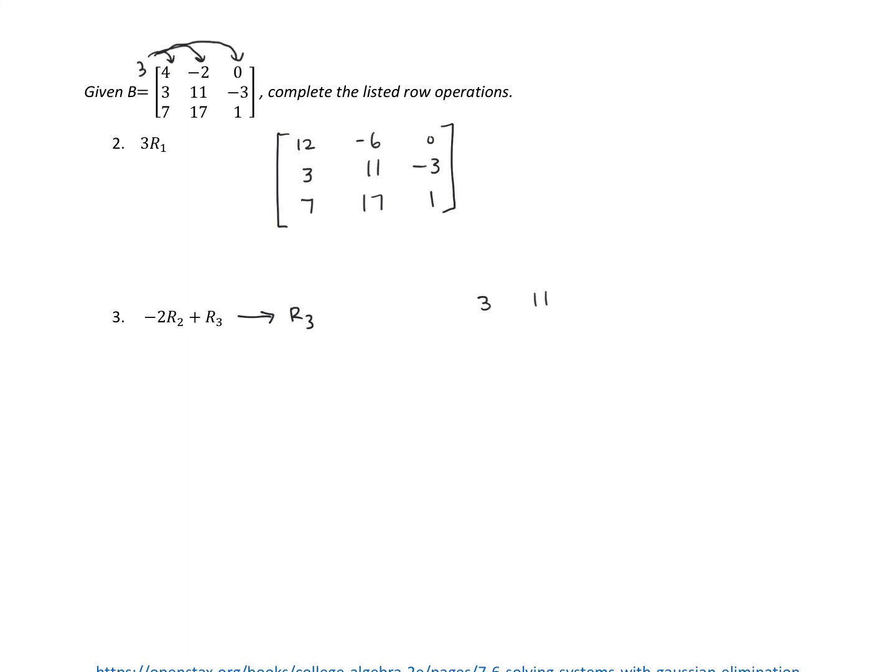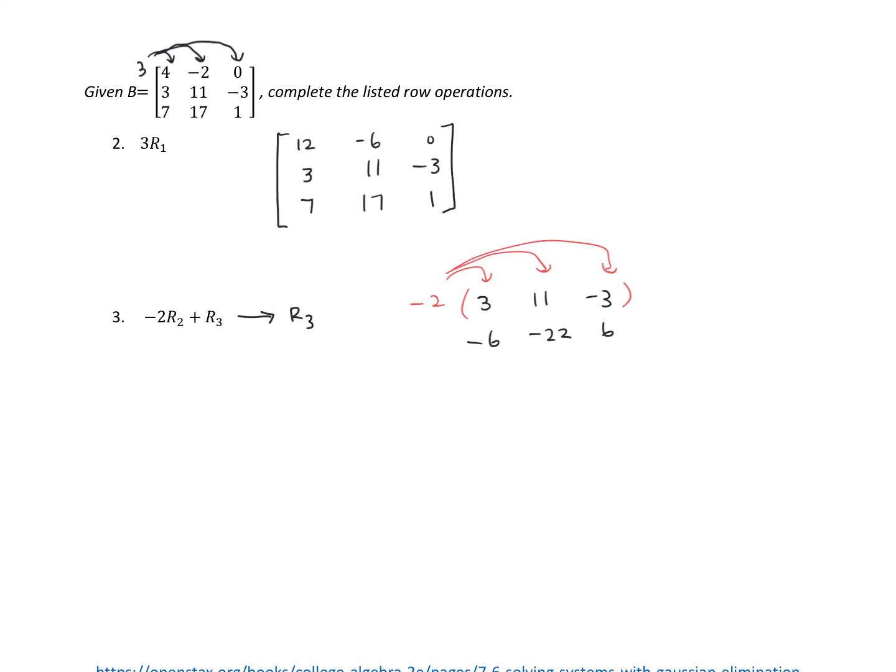So row 2 is 3, 11, negative 3. So if I'm multiplying all of that by negative 2, that means I'm going to multiply each element by negative 2. So that'll give me negative 6, negative 22, and a positive 6.